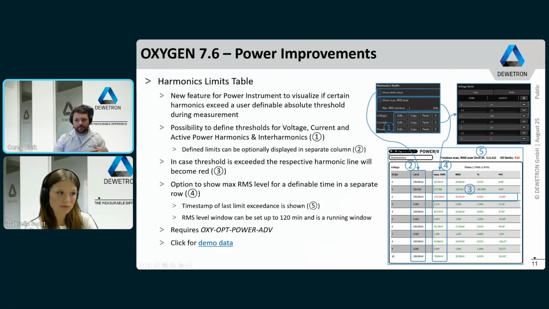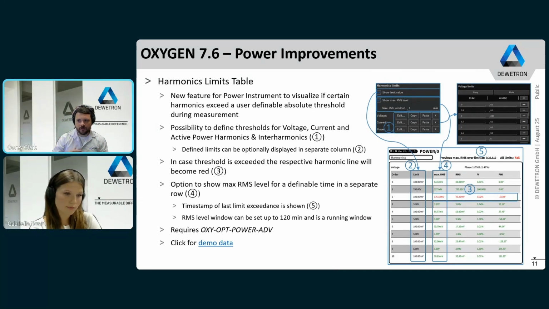We've always had our table, our vector diagram, and these harmonics displays for voltage, current, and power. Recently, if you saw our last webinar, we did an update where we added some capability for flicker measurements with a nice flicker display. We took that and did it for our harmonics display as well.